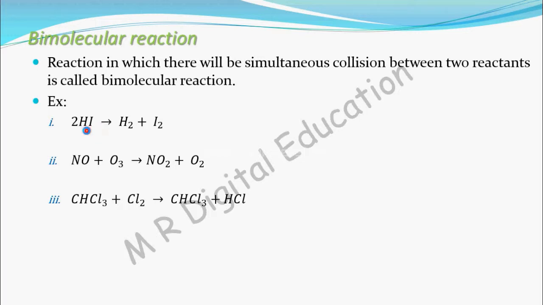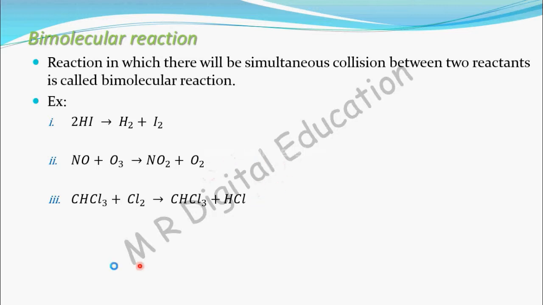Two molecules of HI collide simultaneously to form H2 and I2. One more reaction: NO plus O3 gives NO2 plus O2. In this reaction also there are two molecules, NO and O3, and they will simultaneously collide and form the products, NO2 and O2.